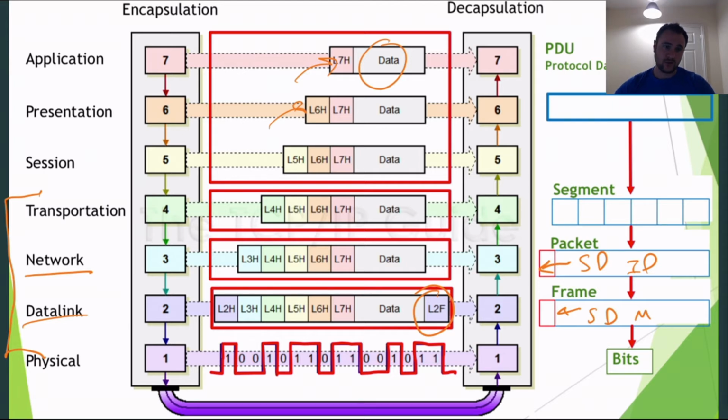But for now, at layer 4 we know what gets added at each layer. What I missed out was layer 4, so we talk about TCP and UDP port numbers. We'll be talking about them when we hit NAT. Source and destination ports, source and destination IP addressing at layer 3, source and destination MAC, as well as the CRC at the end, and at layer 1, that's when it gets translated.